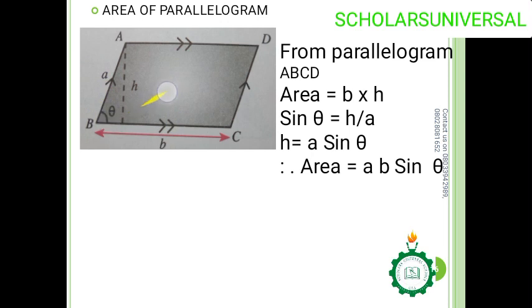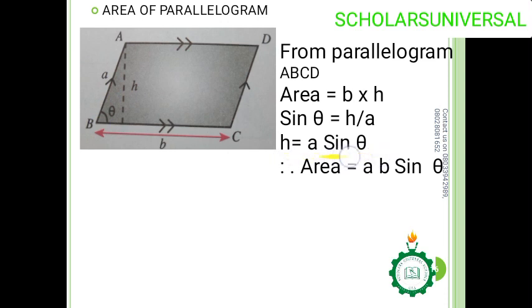The H here is opposite, while this A is the hypotenuse. So what is the relationship of this theta to H and A? Sine theta is H over A, opposite over the hypotenuse. This A side is my hypotenuse. You can look at it very well, it's the longest side. So your H value will be A sine theta.